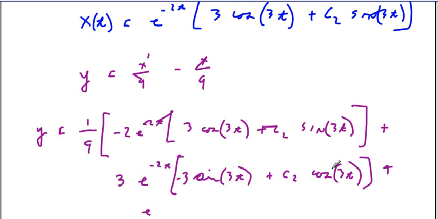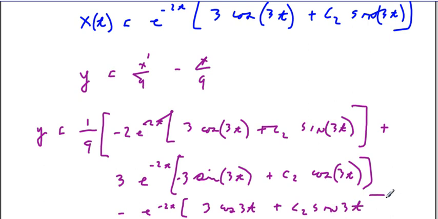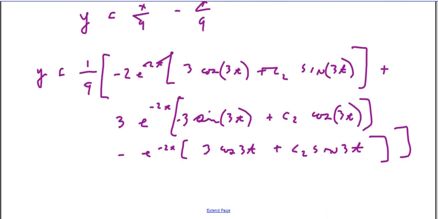See that minus sign? So we'll get rid of this plus sign. Minus e to the minus 2t, c1 cosine 3t, and that c1 is really a 3, so we'll put a 3 there, plus c2 sine 3t. Close parentheses again, because everything is divided by 9.